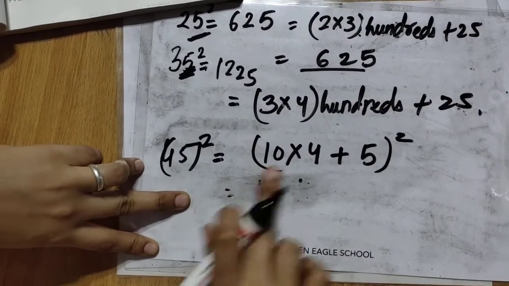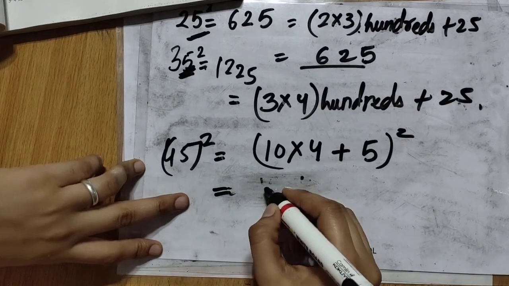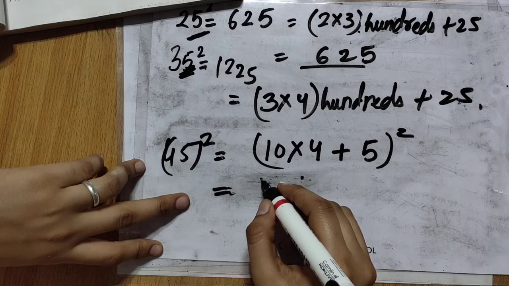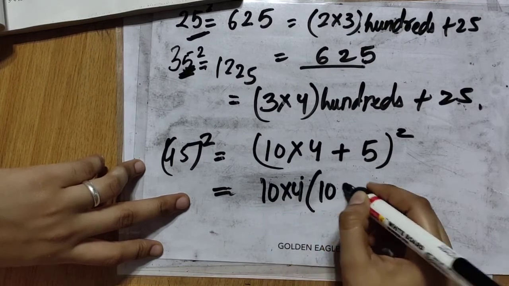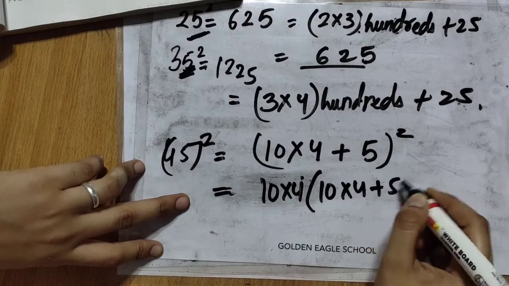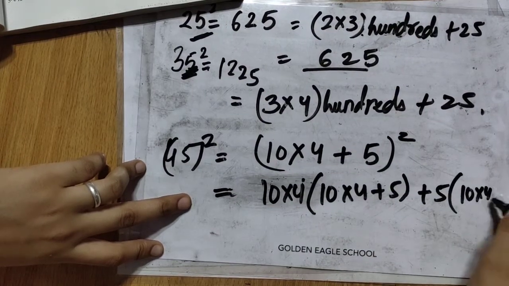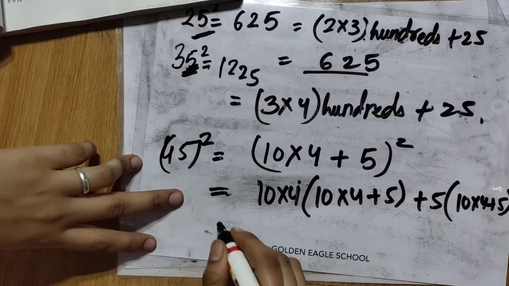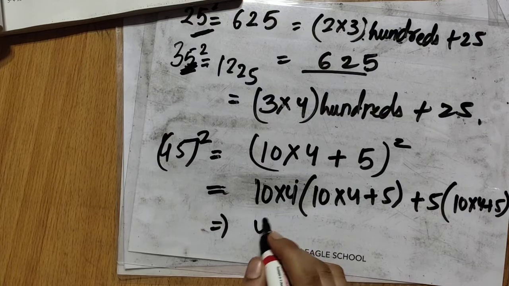It is (a plus b) whole square. So we can write (10 into 4 plus 5) into (10 into 4 plus 5). That is 100 into 4 times 4, 4 fours are 16.